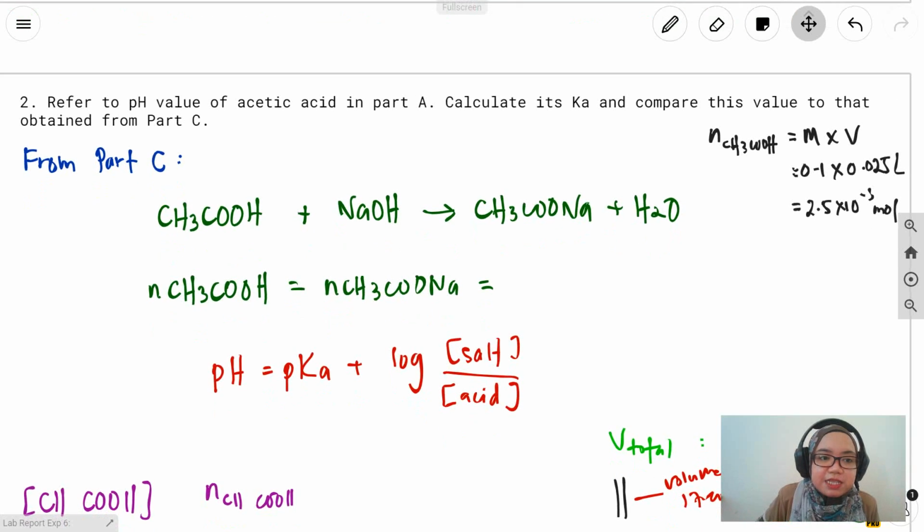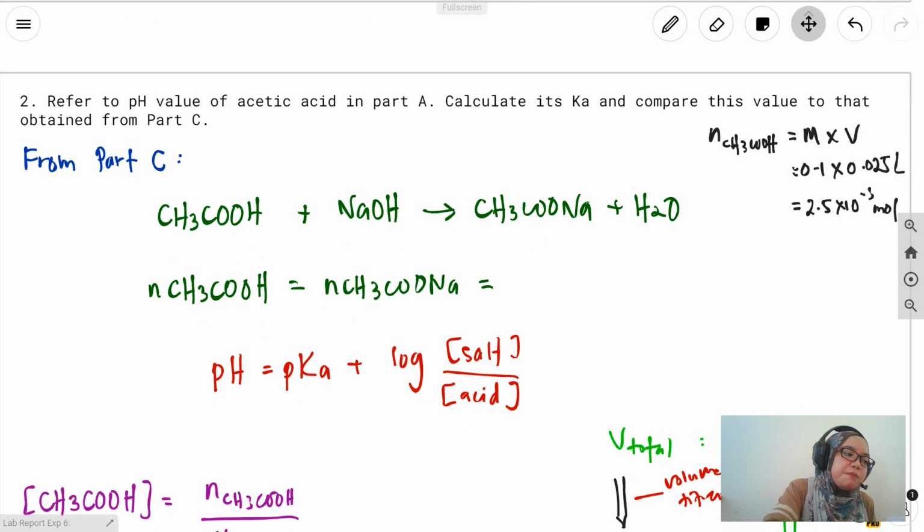From part C ni, eksperimen yang buffer solution tu, remember? Yang dia nak, from weak acid tu. Okay. So from the result table that I have given you in Telegram, the pH of the buffer solution obtained is 5.